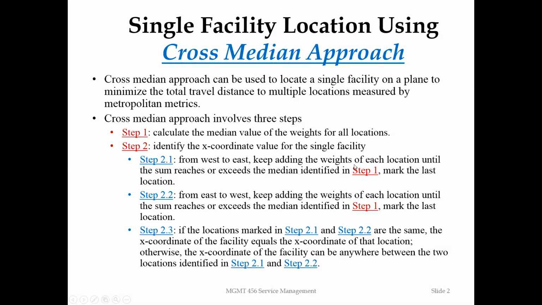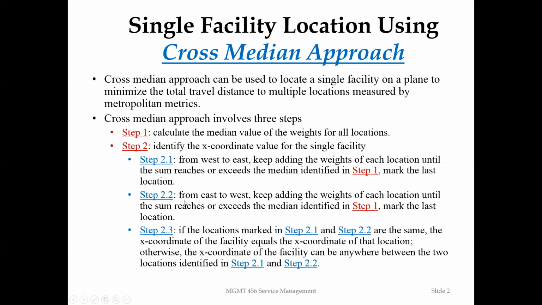Keep adding the weights of each location until the total reaches or exceeds the median value identified in step 1. Then we mark the last location. So going from west to east, we keep adding weights, and when the total weight reaches or exceeds the median value from step 1, we mark the last location.